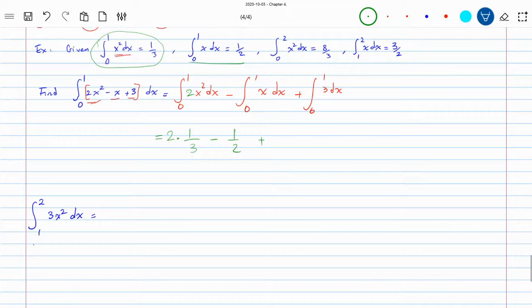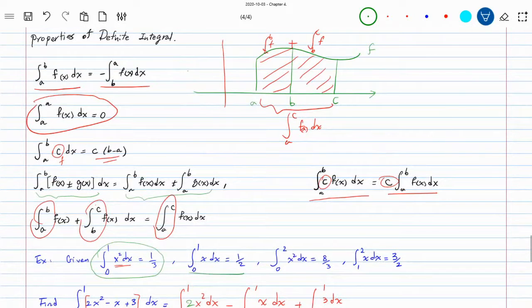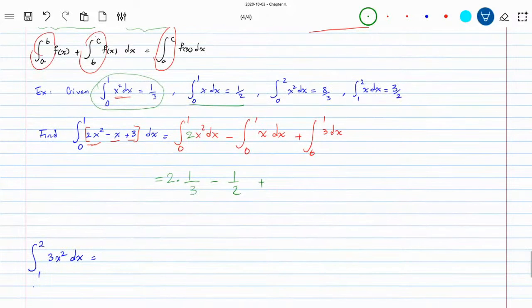Plus, what is the integral from 0 to 1 of 3 dx? It's not given, but 3 is a constant function. And one of the properties that I mentioned was that if you have a constant function, the integral over the interval a to b would be c times b minus a. So in this case it would be 3 times, it's a rectangle, 1 minus 0, top minus bottom.